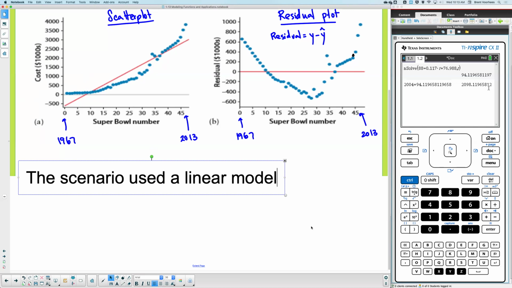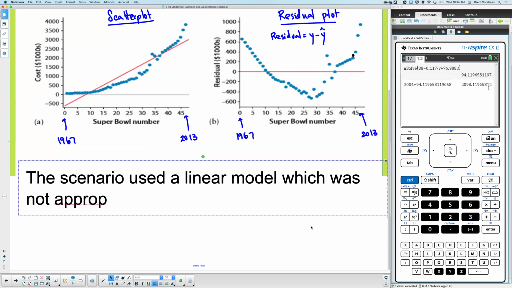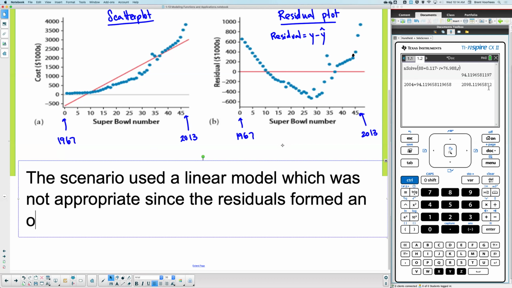Now, this scenario used a linear model, which was not appropriate. How do I know it's not appropriate? Since the residuals, now you're looking over here, formed a pattern or did not form a pattern? Formed an obvious pattern.